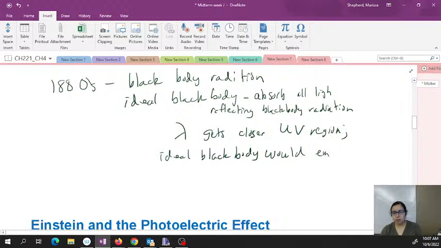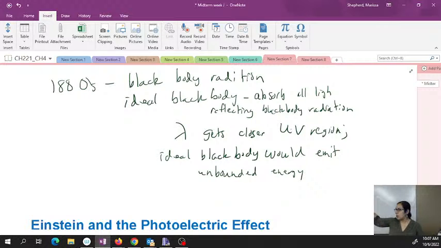So something didn't seem quite right there. So unbounded or unlimited energy. All that's saying is, your light source gets closer to the UV region, it's absorbing all that light, that means it's also emitting that, but by their classical calculations, that meant the energy went to essentially infinity. That didn't seem quite right.